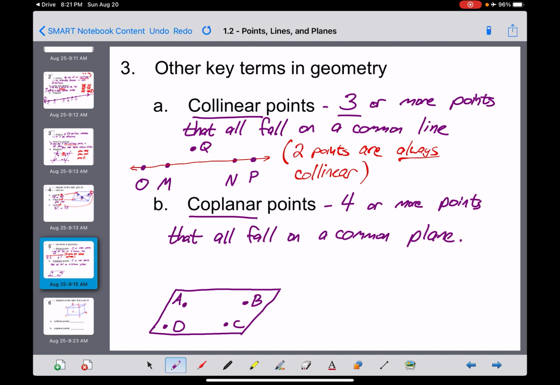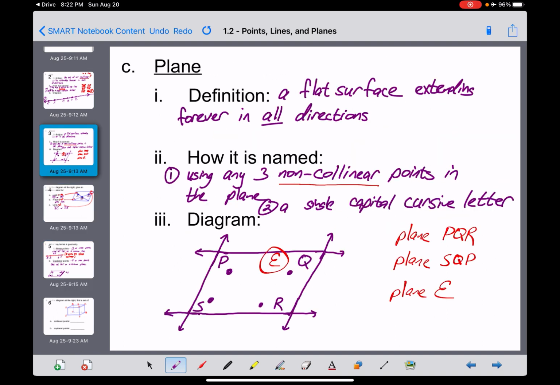Now my next question for you guys would be, what if I put point E out here? Is point E coplanar with the other 4, A, B, C, and D? At first glance, a lot of people want to say no, because it's outside the border of this plane, which is right over here. But I want to remind everybody that our definition of a plane is that it extends forever in all directions.